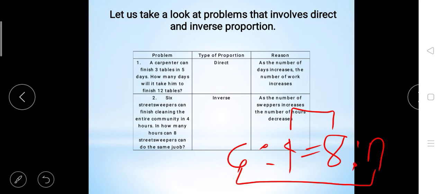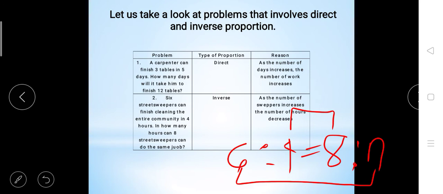So, this one is an example of inverse proportion. Since, kapag tumaas yung number ng street sweepers, bababa yung number of hours na kailangan nila para malinis the entire community.